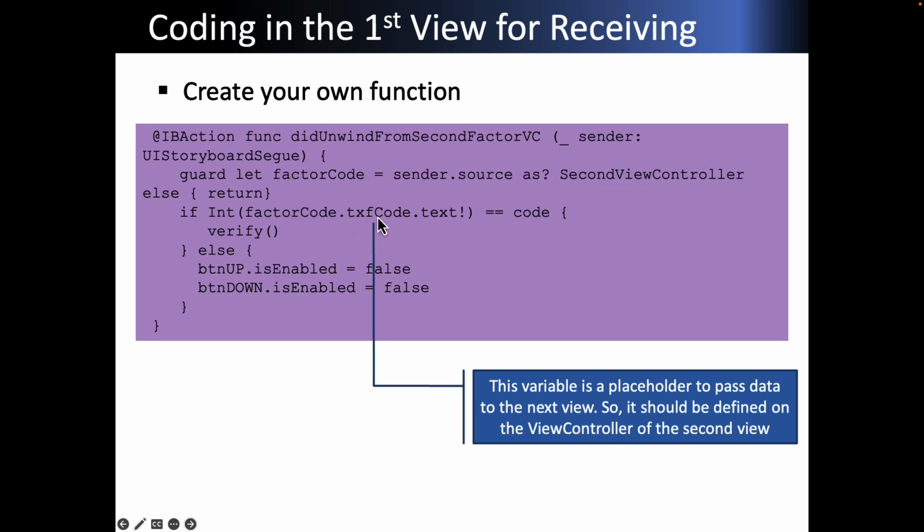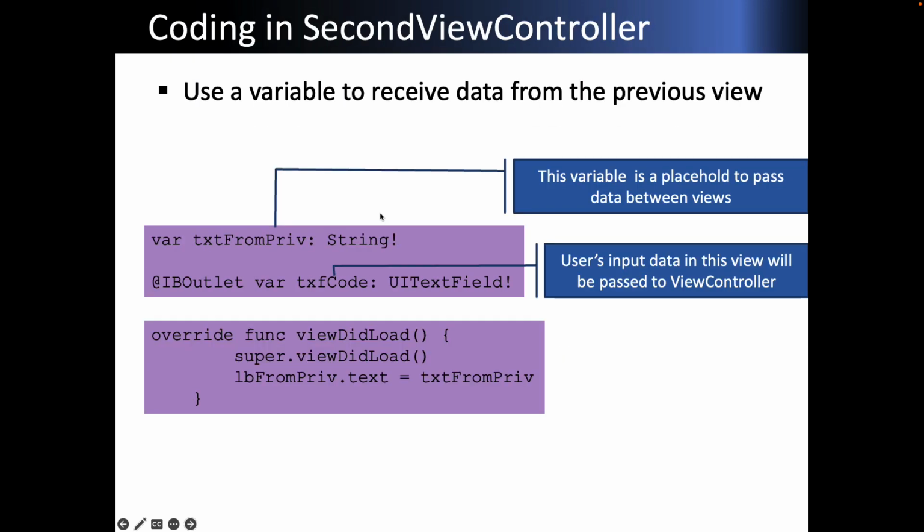The view controller dot text code. This text code is defined here, TXF code, right? This text field code is a variable that's the code received by user for the purpose of the second factor authentication. That code is the variable on the second controller.